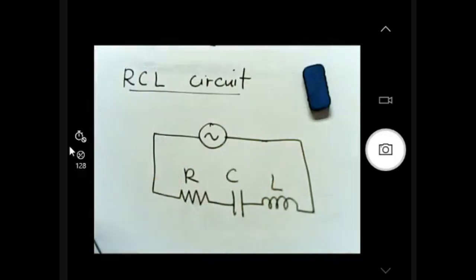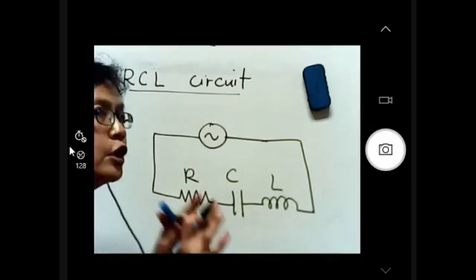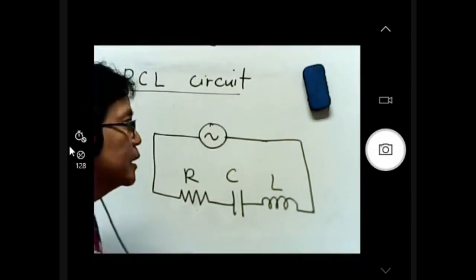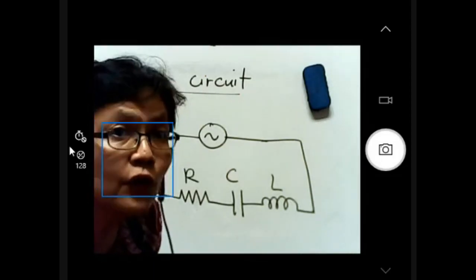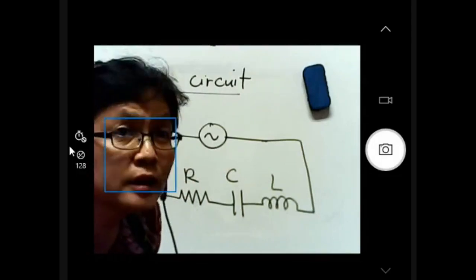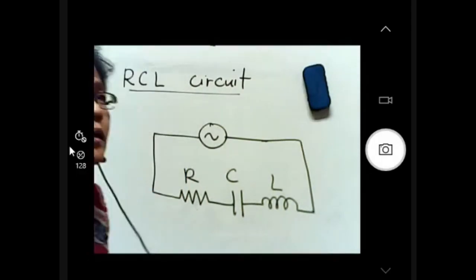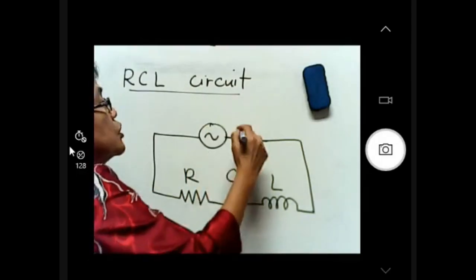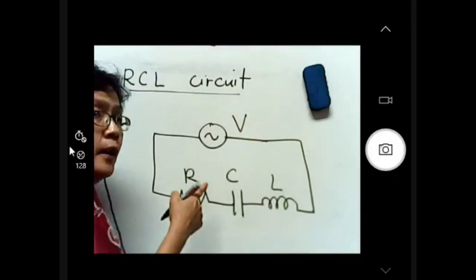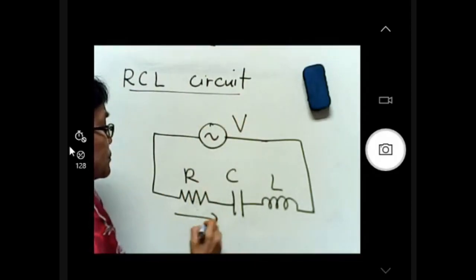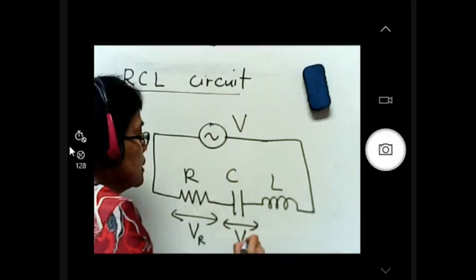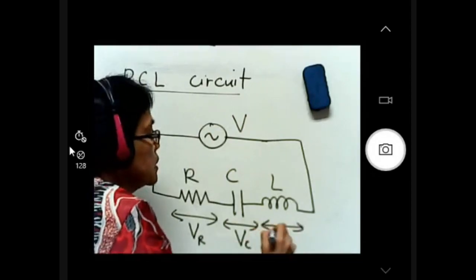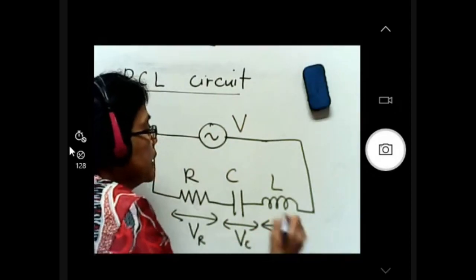Please note that here we have 4 types of voltage, my dears. We have source voltage, I'll put a V. We have voltage across resistor, voltage across capacitor, and voltage across inductor.